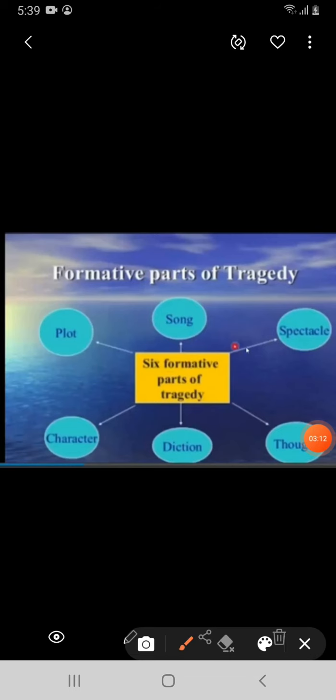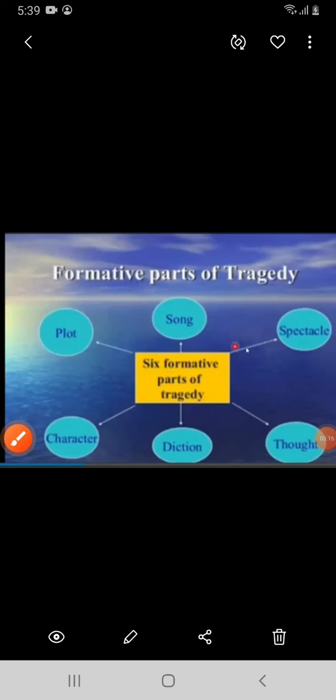Then, number five, there is song. Song is basically used for the embellishment of the tragedy. Embellishment means beautification. In order to make tragedy beautiful, song is used in tragedy. And song means lyrical compositions.